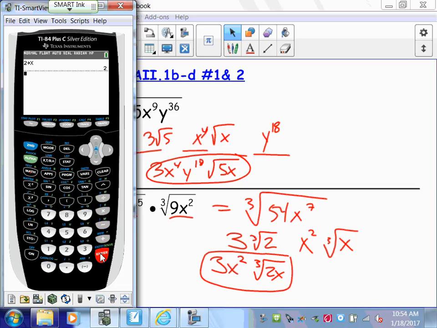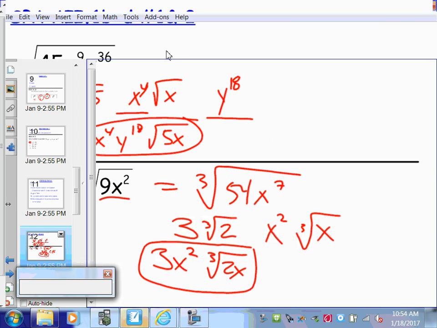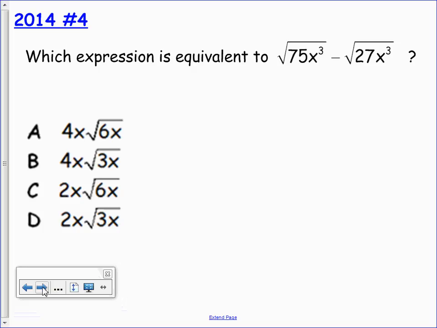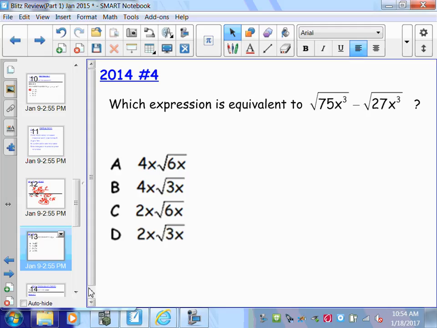So another way to get around this problem is to just type it in. Now that you have a value for x, just type it in and then find the one that matches it. I'll show you. Here we go.